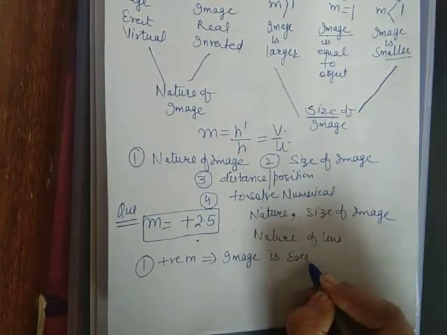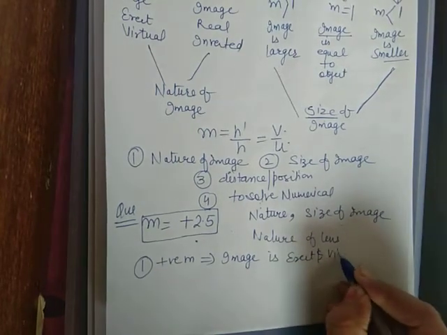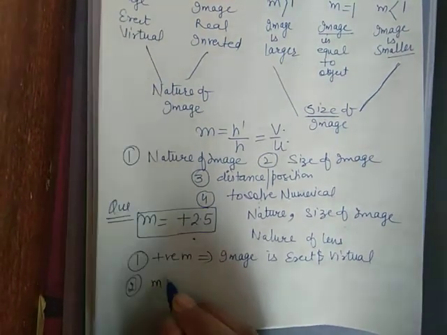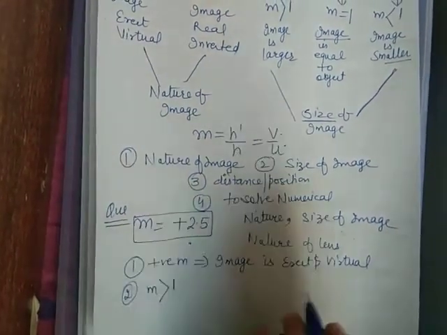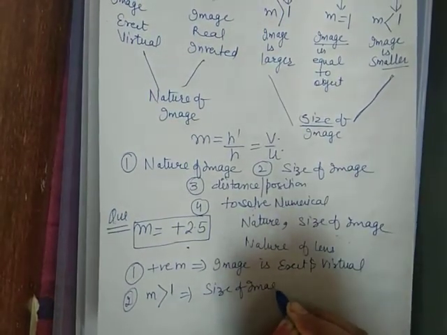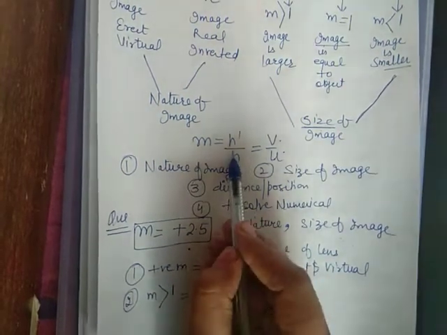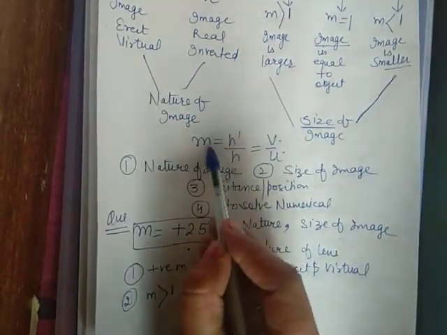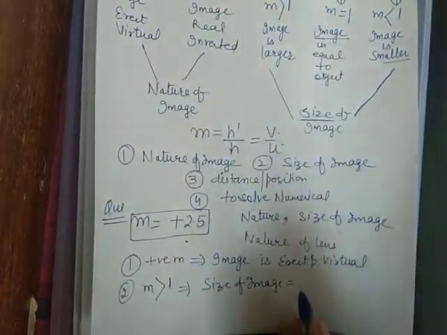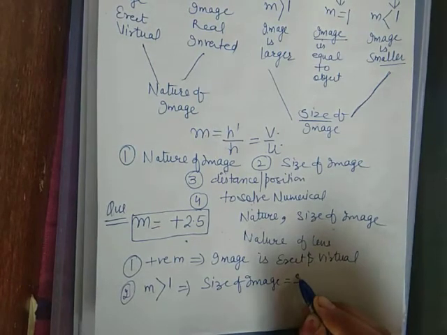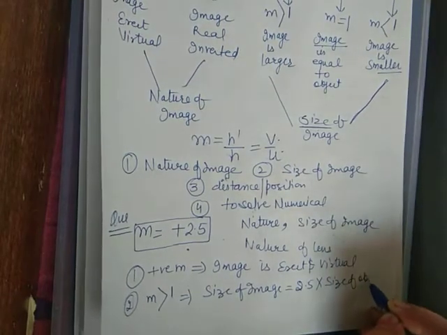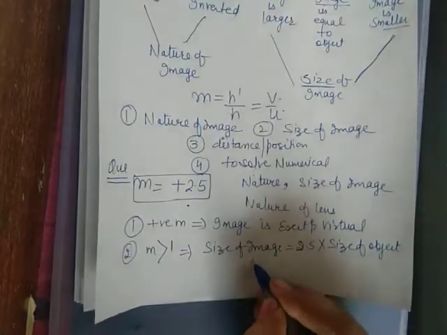Erect means what? It is virtual. Virtual and erect. After this, m is greater than 1. It's 2.5. It means size of image is equal to, using this formula, if m is given to you and height of object is given to you, you have to multiply. So size of image is equal to 2.5 times size of object. It means image is larger.